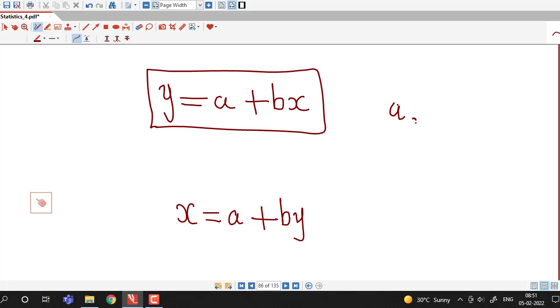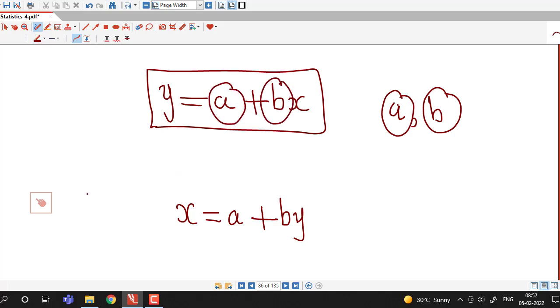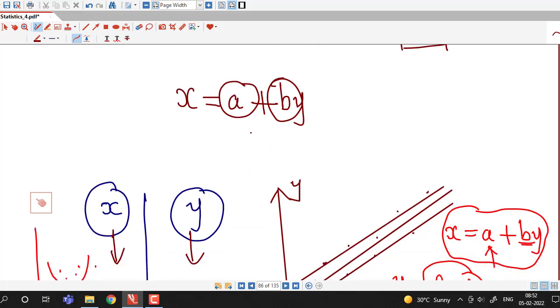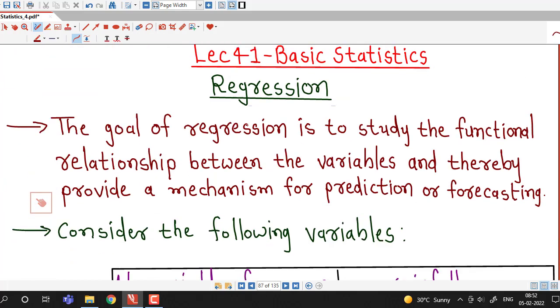So our aim is to find the values of these constants a and b, such that we obtain the best line of regression of y on x or line of regression of x on y. Now we are going to discuss how to find these constants a and b. There are different formulas for these constants in the line of regression. We will discuss all these things one by one.